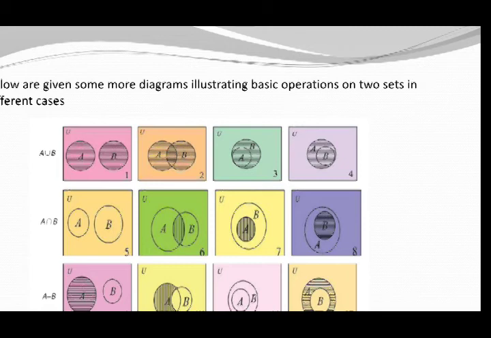But in the second line, in intersection, disjoint means no common element. And in the sixth box, you shade only the common area. And 7 and 8 also.